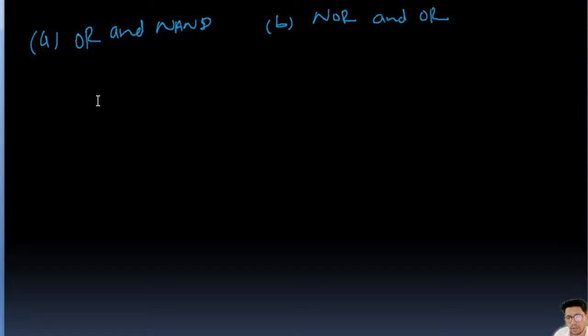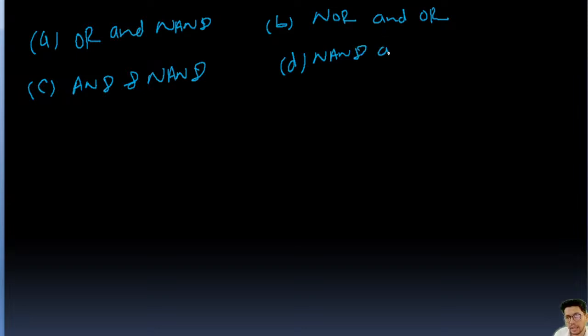Very good question, and it is asked in part C, question number 5. Options are: A, OR and NAND. Option B is NOR and OR. Option C is AND and NAND. Option D is NAND and OR.